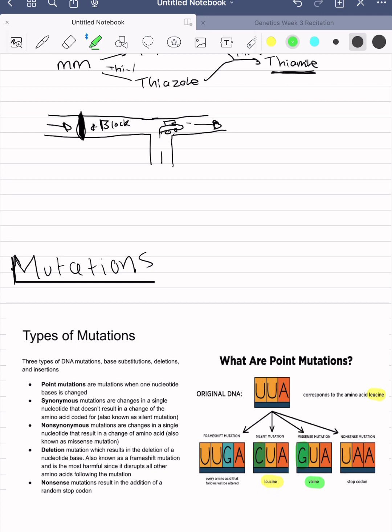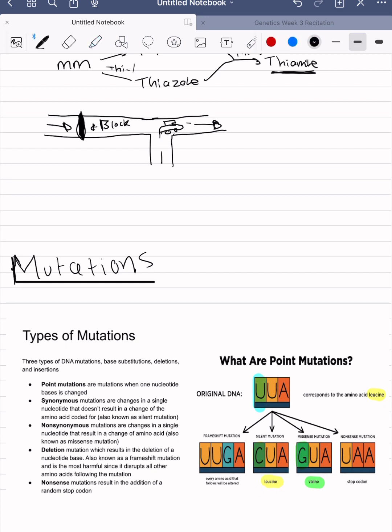Now there are also deletions and insertions. So a deletion is a mutation in which a nucleotide base is deleted. So this right here would be entirely removed. And that would shift all the other DNA sequences after it.